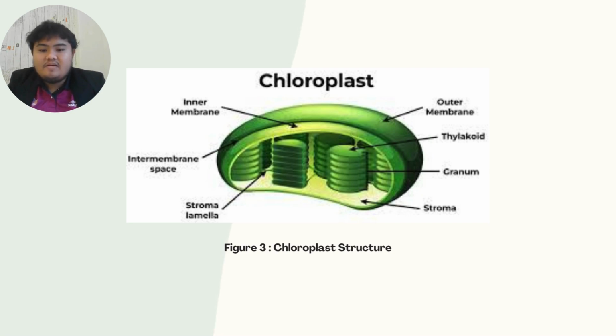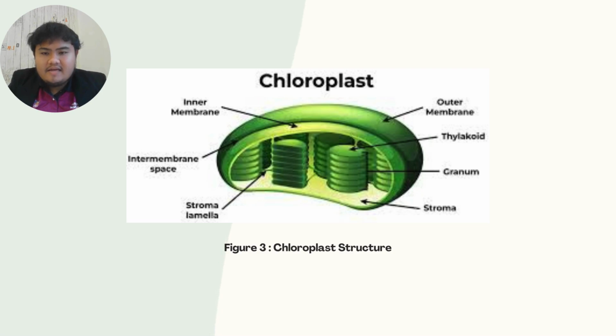Also suspended within the stroma are flat sacs called thylakoids. These are the internal membranes, as you can see, the system where the light is captured and the light reaction happens.